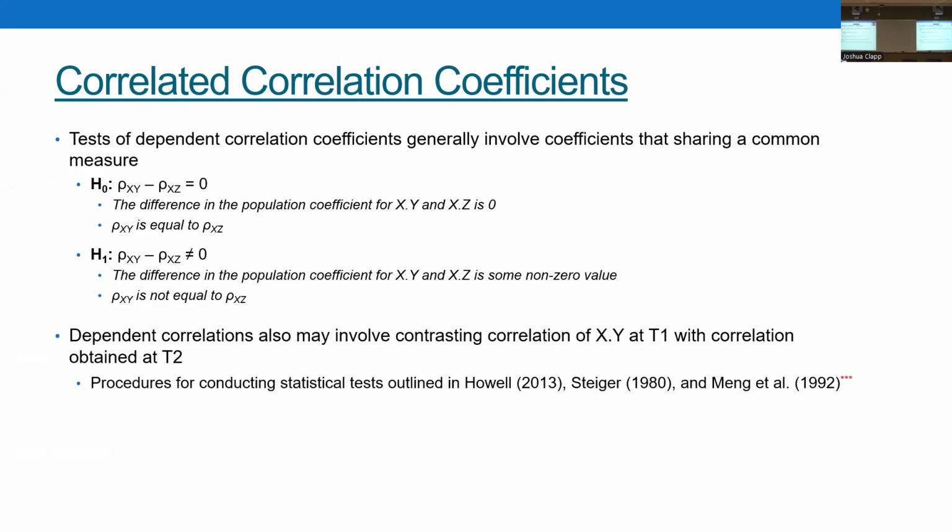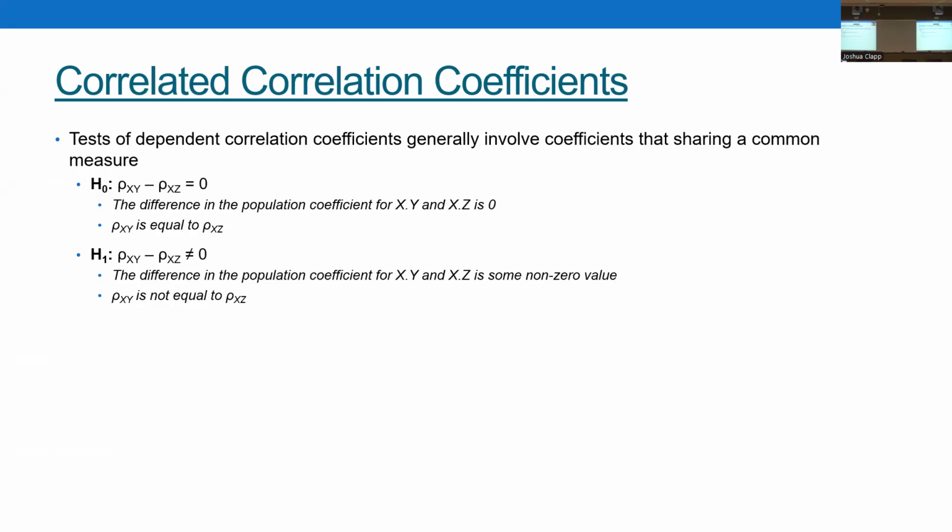Now, the issue that comes up with this is, can I just Fisher R to Z these and then compare these two? No, I can't, right? Because these are not correlations in different populations. These are different correlations within the same population, and they are dependent on this.